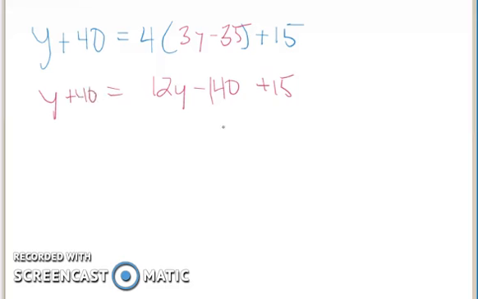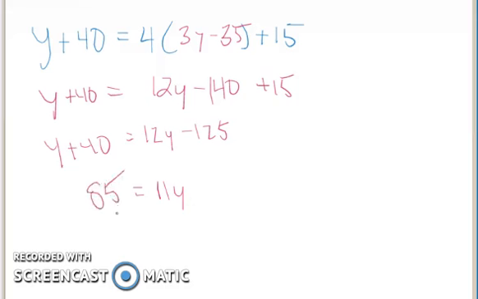Okay, we're going to go ahead and combine like terms, and so that's going to be negative 125, and I'm going to do y, move it over here to give me 11y, and I'm going to subtract this over here, and if I subtract 40 from 125, I'm going to get 85.